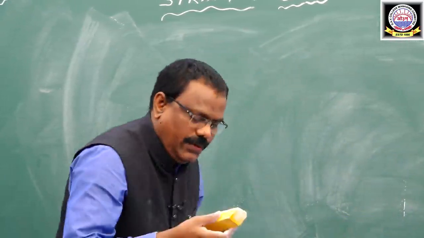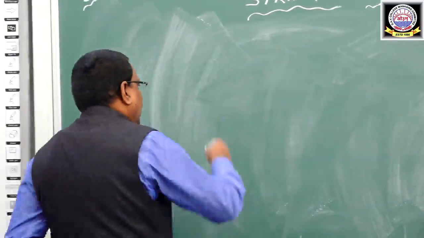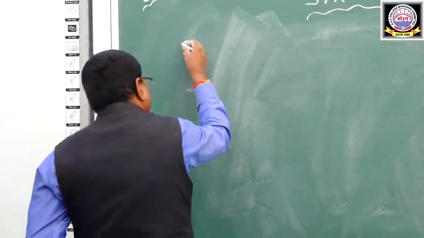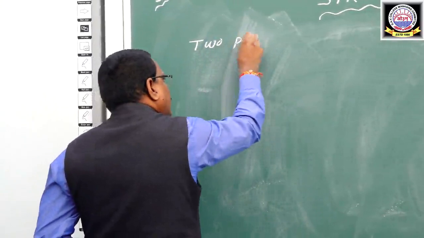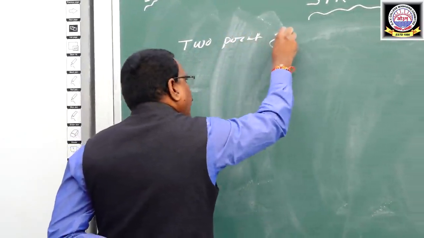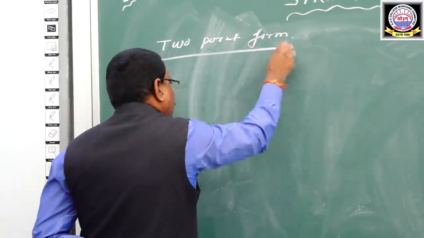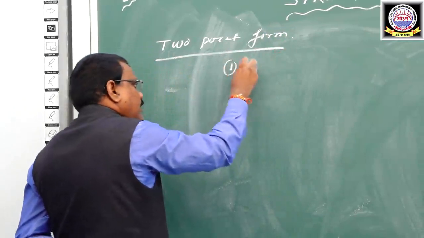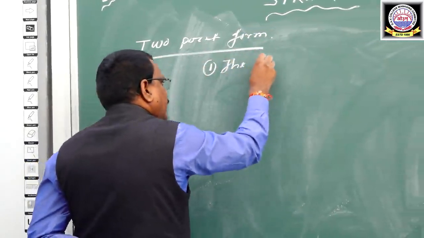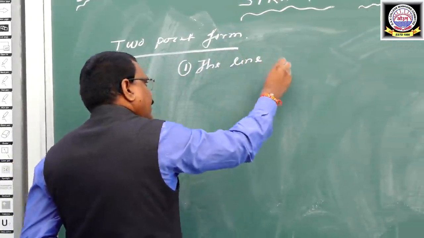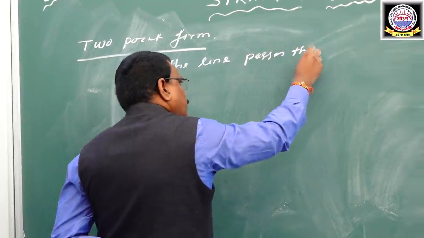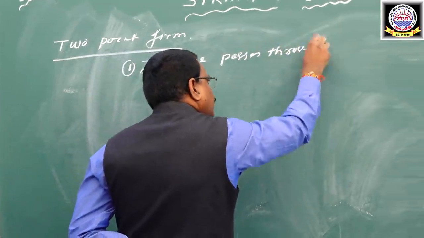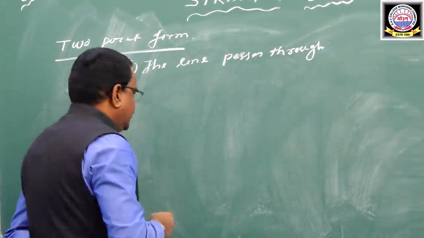Write down 2 point form. So what will be given here? The line passes through 2 points.